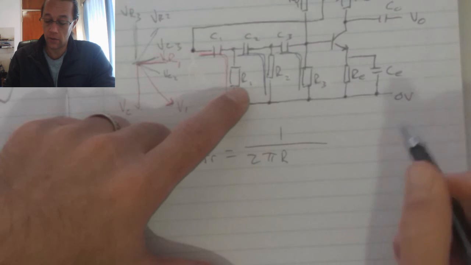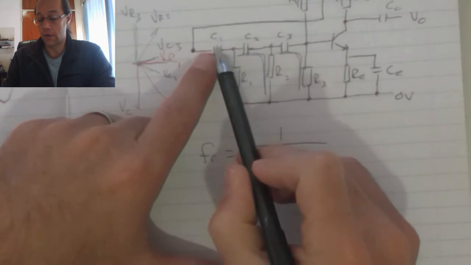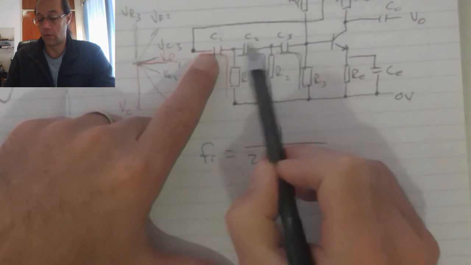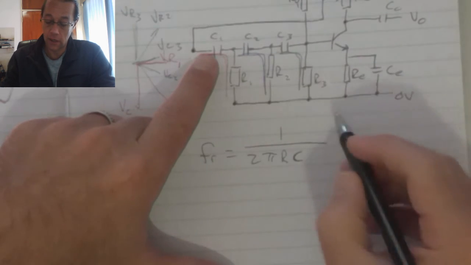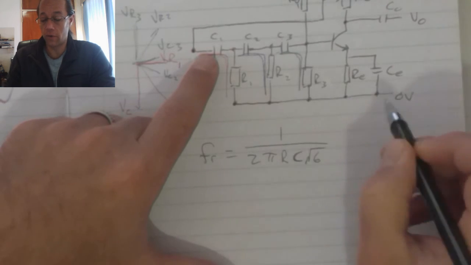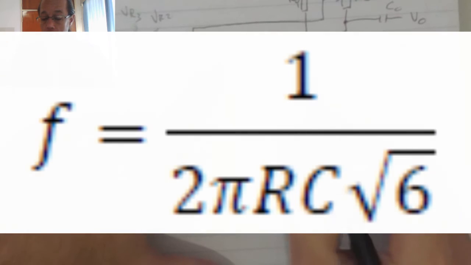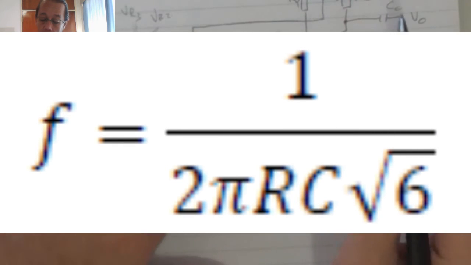They all three have the same value. And C, they all have the same value. C refers to C1, 2 and 3. And then I multiply it by the square root of the number of components that generate my RC phase shift.